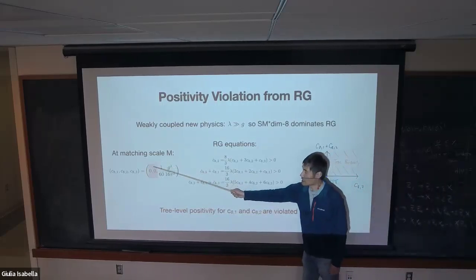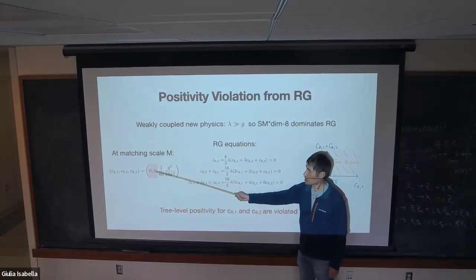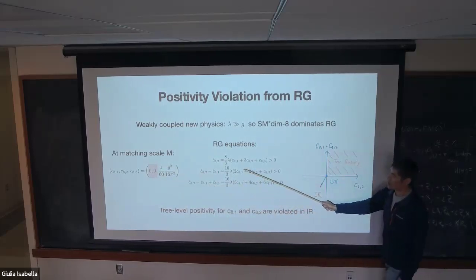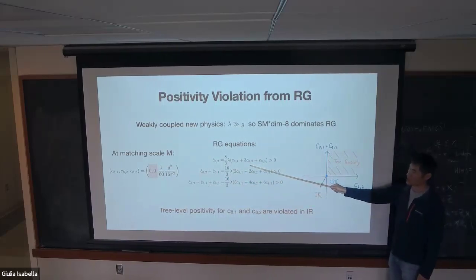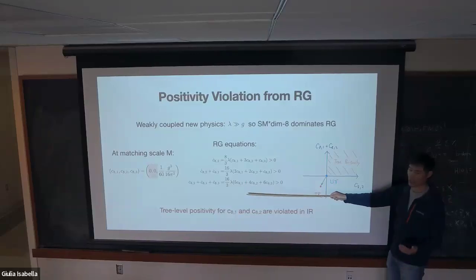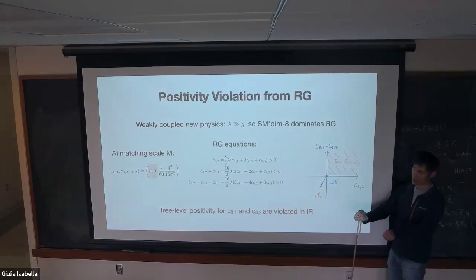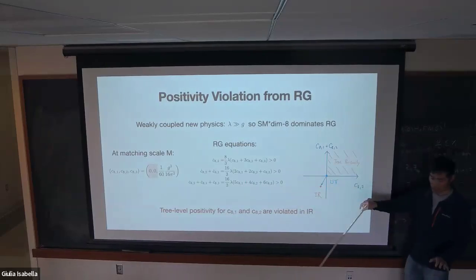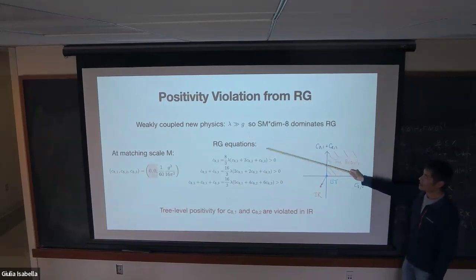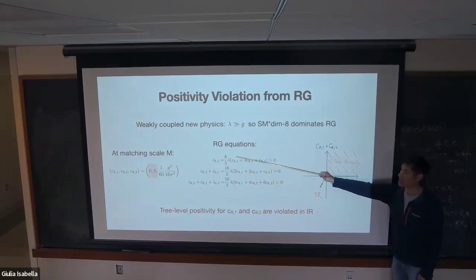So starting from this matching condition with this value proportional to G squared, you have two contributions. One is the lambda phi 4 interfering with dimension 6. So this is of the scale lambda times G squared. You could have the other contribution coming from dimension 6 squared. This will be order G to the fourth. So in the case where imagine the standard model coupling is stronger than the new physics, then this is the term that dominates the RG.